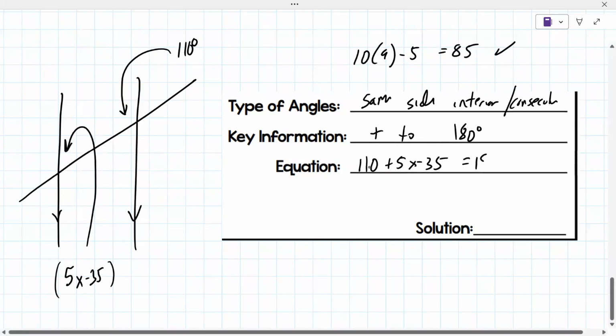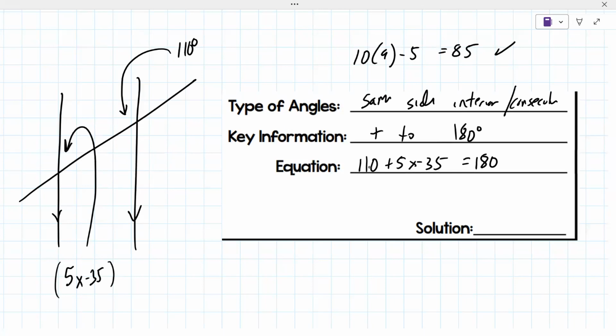I'm getting 220 when I add it up. Oh, wait. I didn't realize that was the equation.